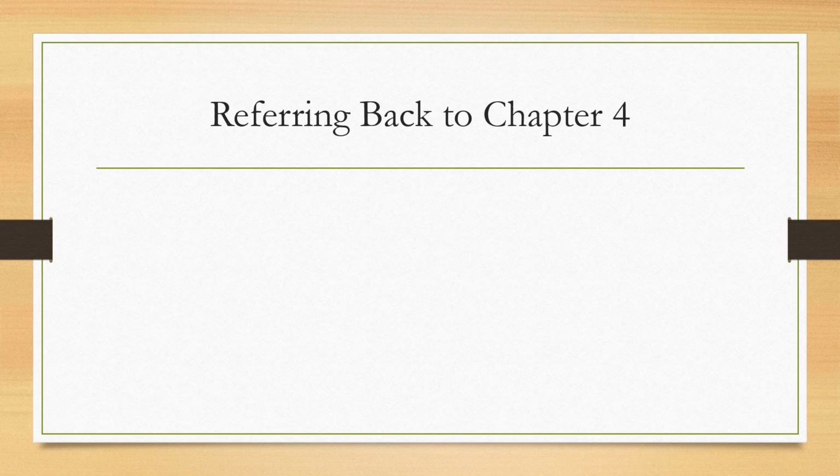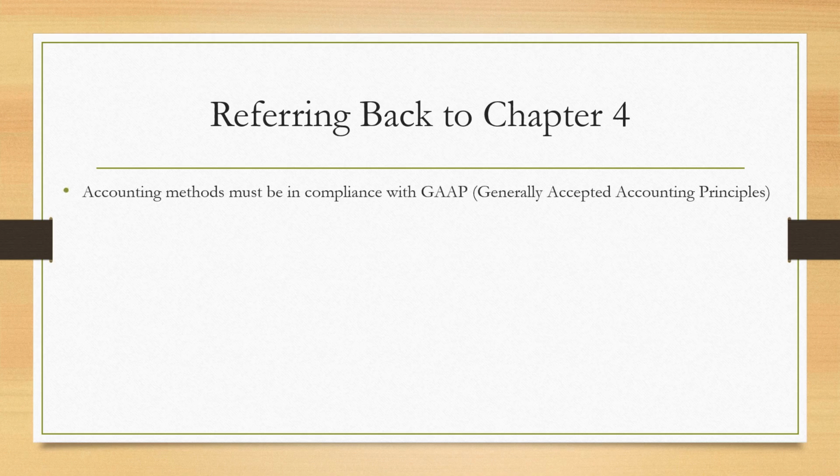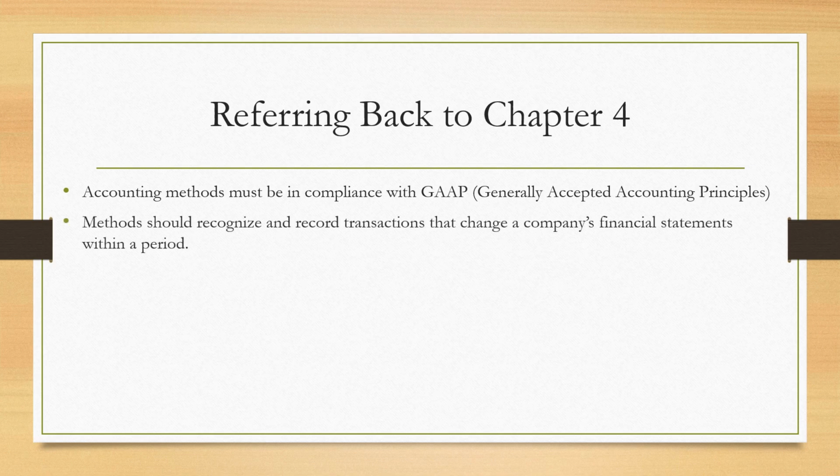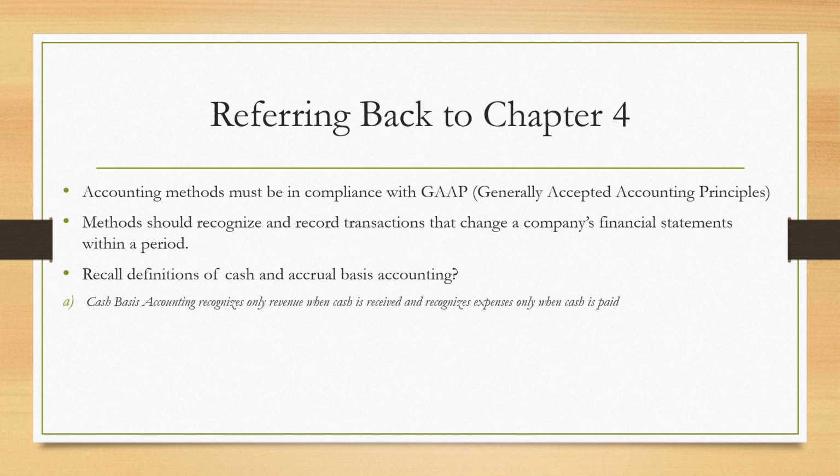So I want to refer back to some notes that we would have read in chapter 4. One being accounting methods must be in compliance with the generally accepted accounting principles. Methods should be recognizing and recording transactions that are changing a company's financial statements within a period. And then to review those definitions of both cash and accrual basis.